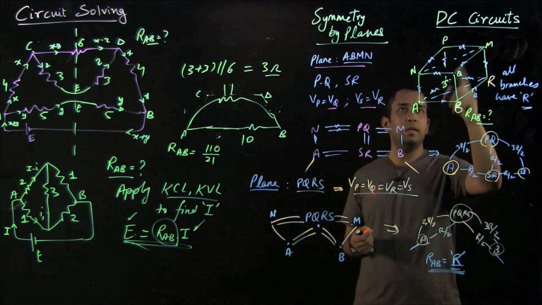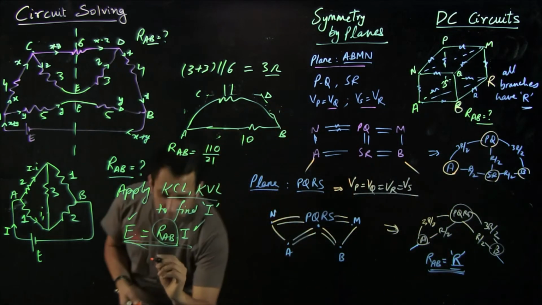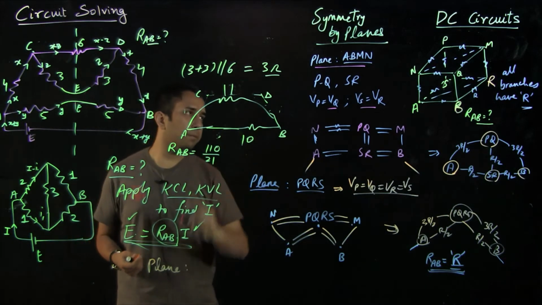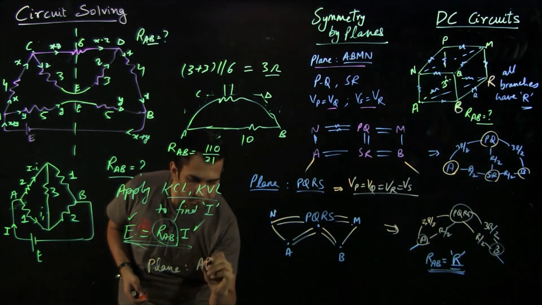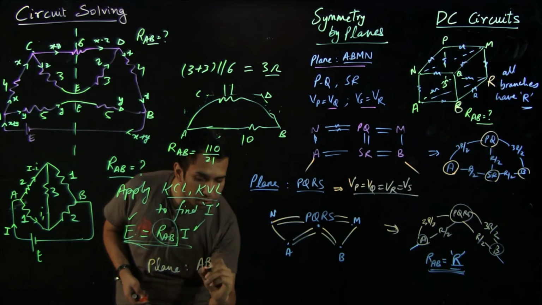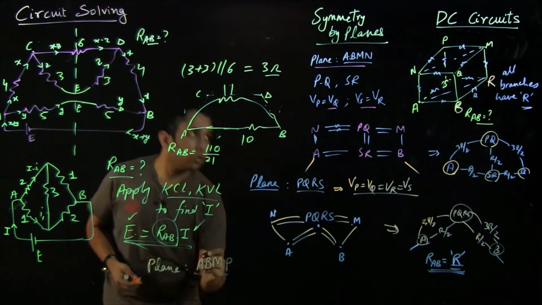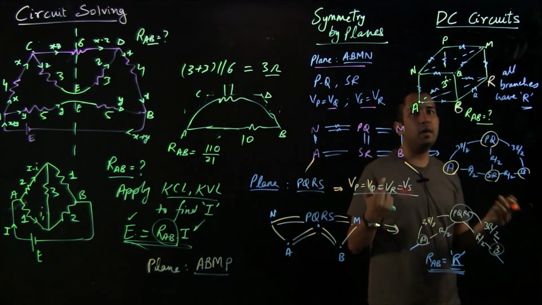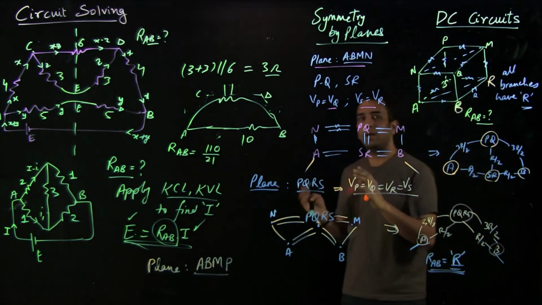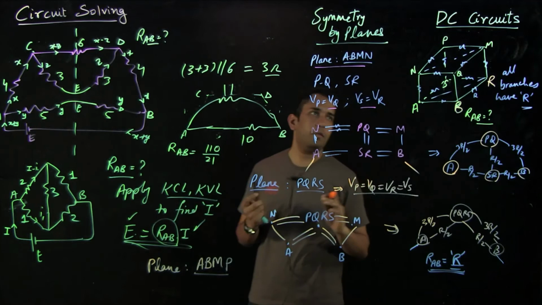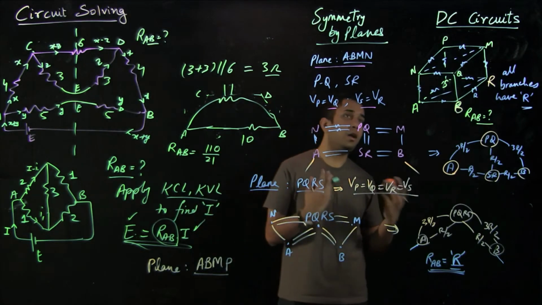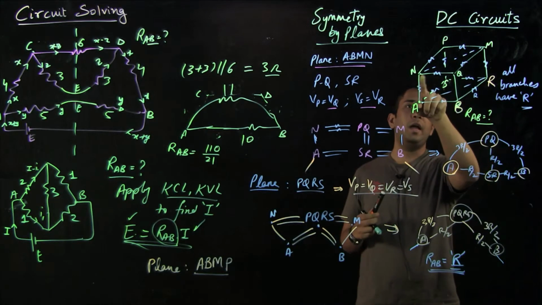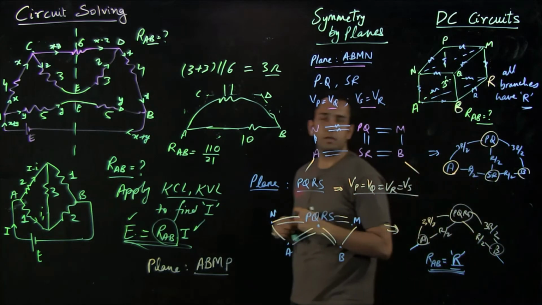So let us consider in this case the plane ABMP. The plane is passing through AB, and we know that the object-image pairs of reflection in the plane are at same potential. So that means Q and R are at same potential, and N and S are at same potential.